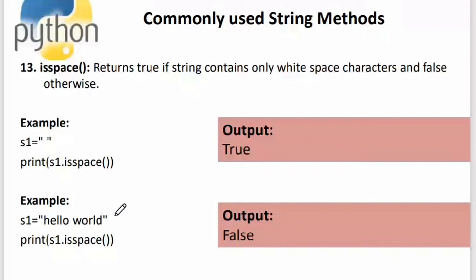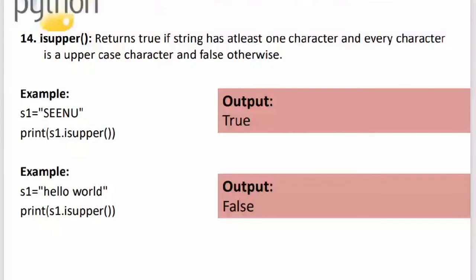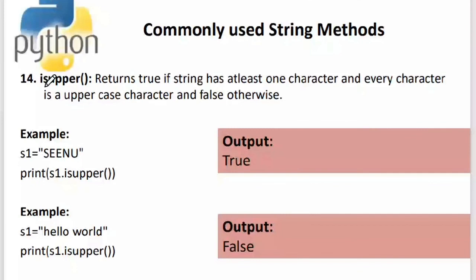So the next method is the isupper method. This also will return true or false. Wherever you see is, it means that it returns a Boolean value, it is checking. If it is in uppercase, it will say true, else it will say false.